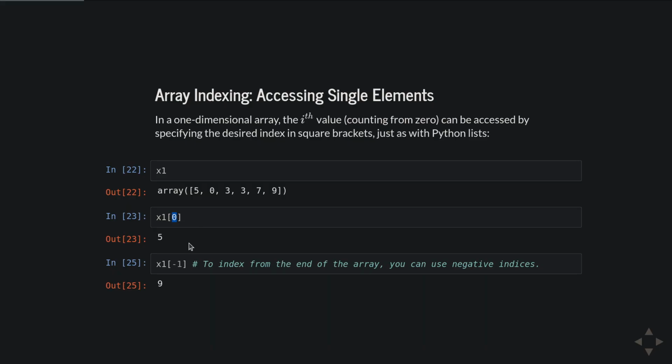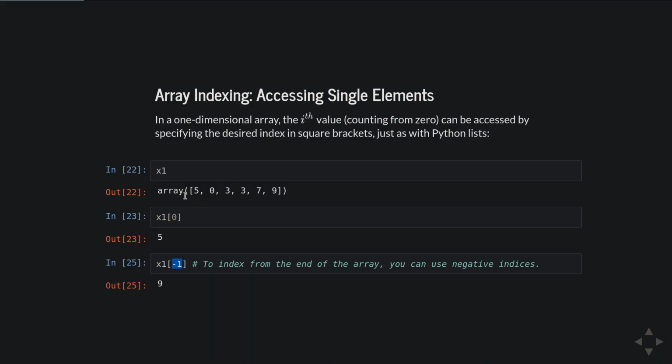Now, just like Python lists, you can also negative index. Okay, so all this is going to do is get the size of this particular array and then subtract 1 from that number, essentially. So 1, 2, 3, 4, 5, 6, minus 1 is 5.